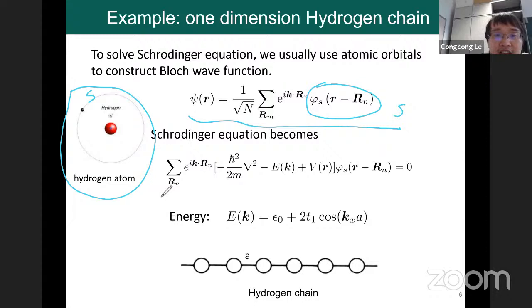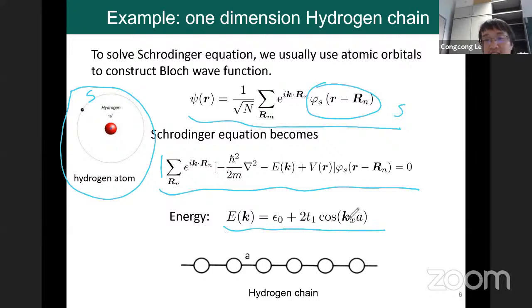Finally, we can get this one. Then we can do some derivation and get the energy like this. This energy depends on k, the momentum, so we can get the band structure like this. Here, epsilon 0 is the on-site energy, and t1 is the nearest-neighbor hopping term. So this is the first example.